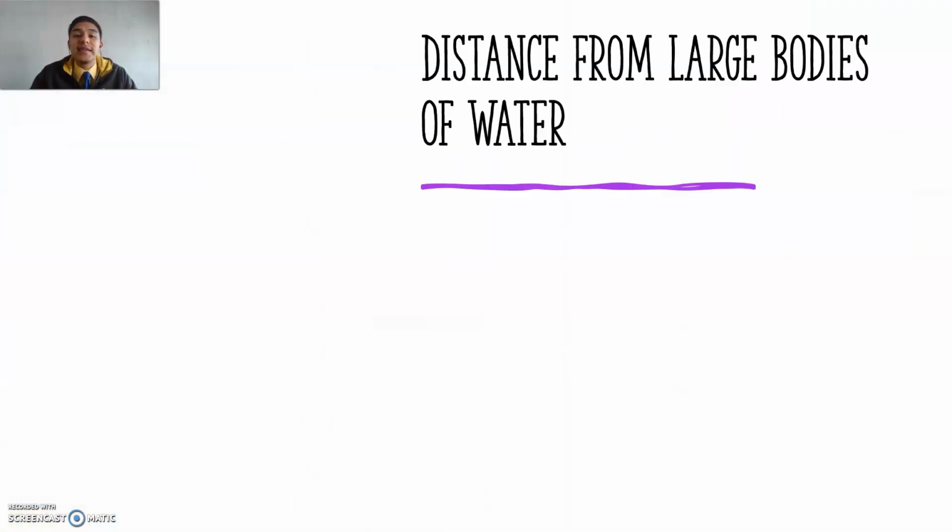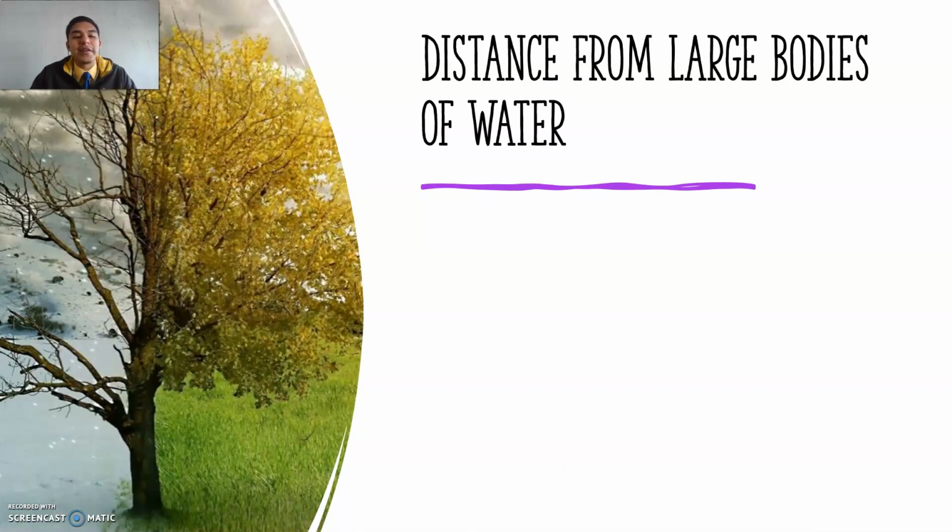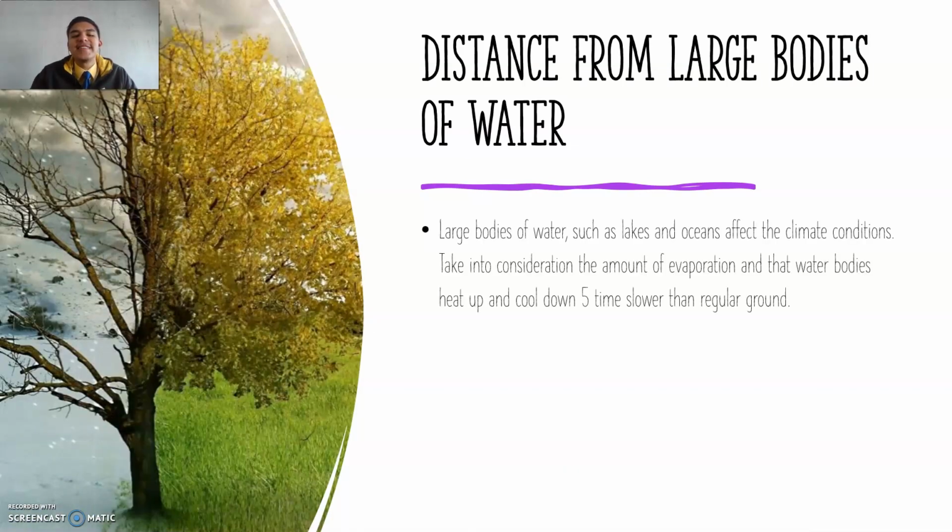Let's continue with the distance from large bodies of water. Large bodies of water, such as lakes and oceans, affect the climate conditions. Take into consideration the amount of evaporation and that water bodies heat up and cool down 5 times slower than regular ground. So, if a place is located near a big body of water, such as an ocean, you are going to have way more precipitation, or way more rain.